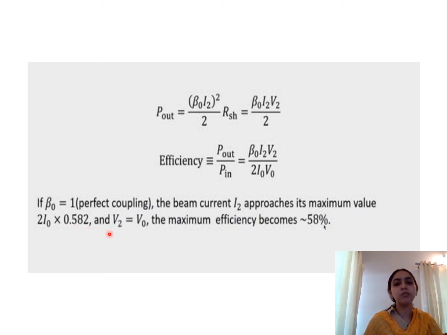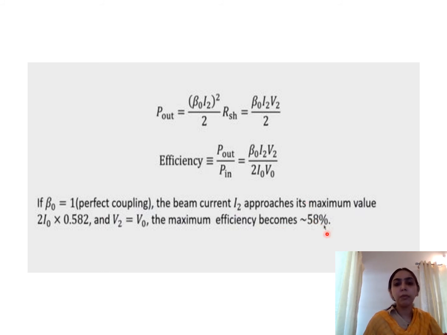Then we will assume the voltage V2, which is induced at the output side, is equal to our input voltage V0. So assuming again V2 is equal to V0, we get the value for maximum efficiency to be 58%.